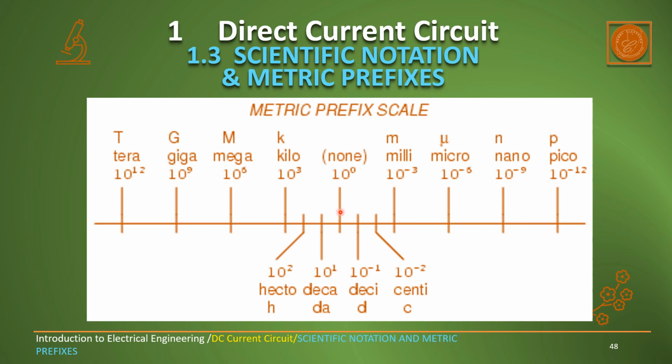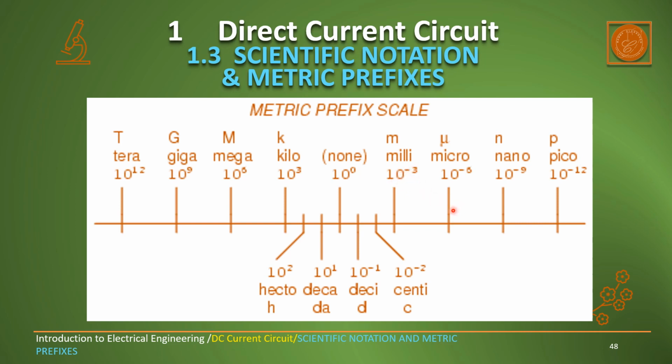And this point to this point, this means 10 power minus 1. We call deci, D. Same, 10 power minus 2, we call centi, this point. And this, we call 10 minus 3, meaning we have the millimeter, right? It means 10 minus 3 meters.